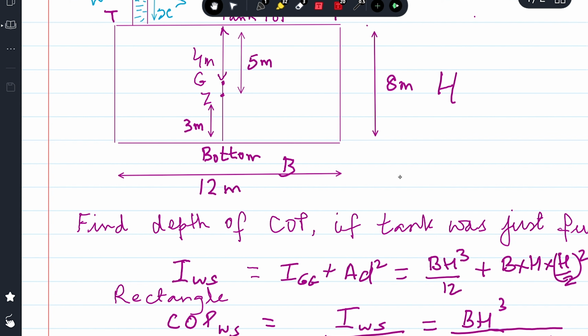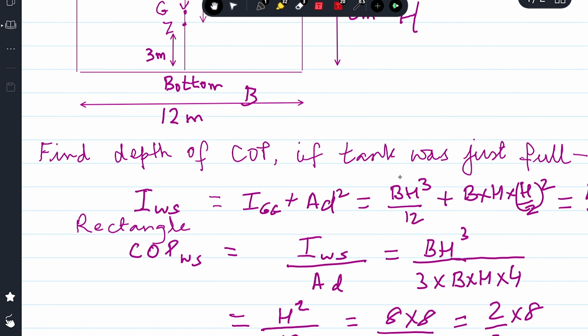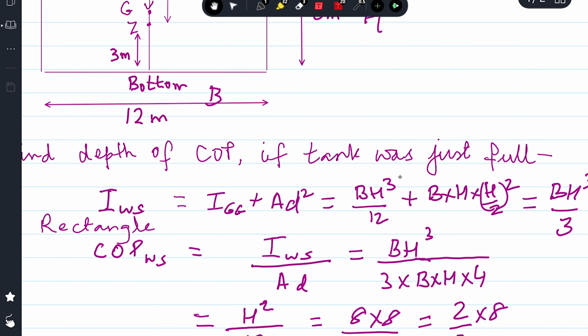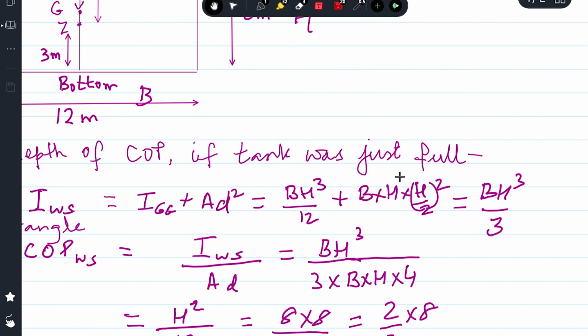The distance between the two axes will be half of the height because it's a rectangle and we are assuming the water level is at the tank top level. The d will be half of the total height, and we square it. If you simplify this, it comes out to be bh cube upon 3.